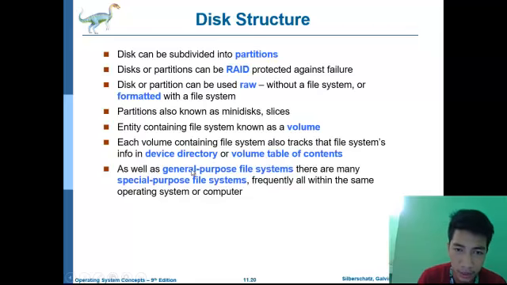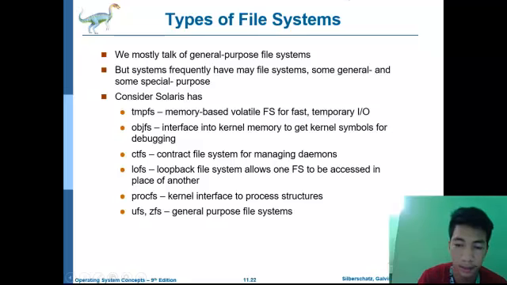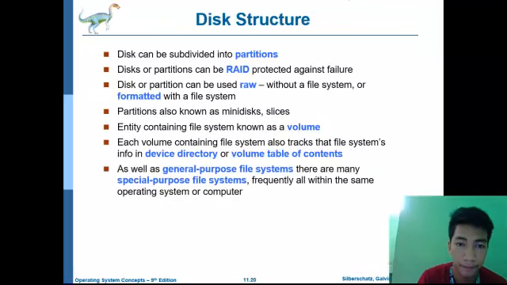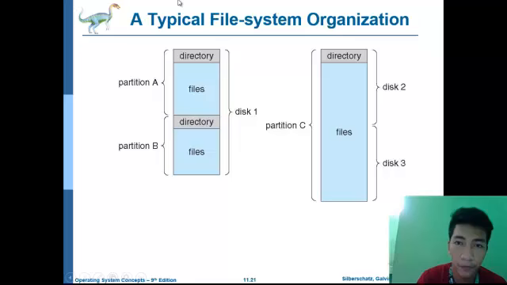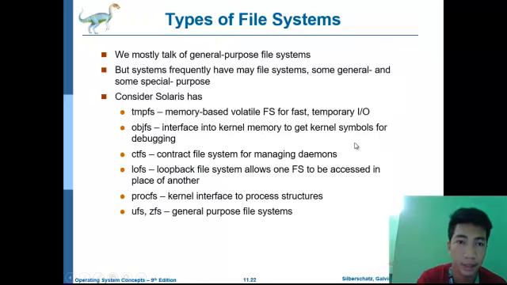As well as a general purpose file system, there are many special purpose file systems, frequently all within the same operating system or computer. A type of file system organization. Types of file system.